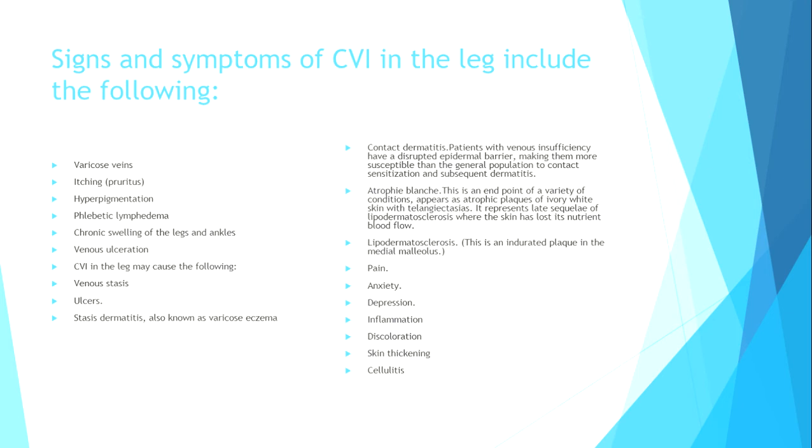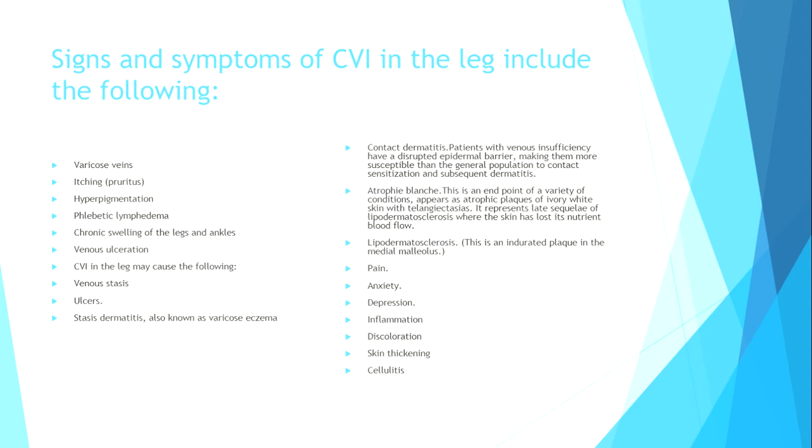Atrophie blanche. This is an endpoint of a variety of conditions, and appears as atrophic plaques of ivory white skin or marble skin with telangiectasias. It represents late sequelae of lipodermatosclerosis, where the skin has lost its nutrient blood flow. Lipodermatosclerosis.